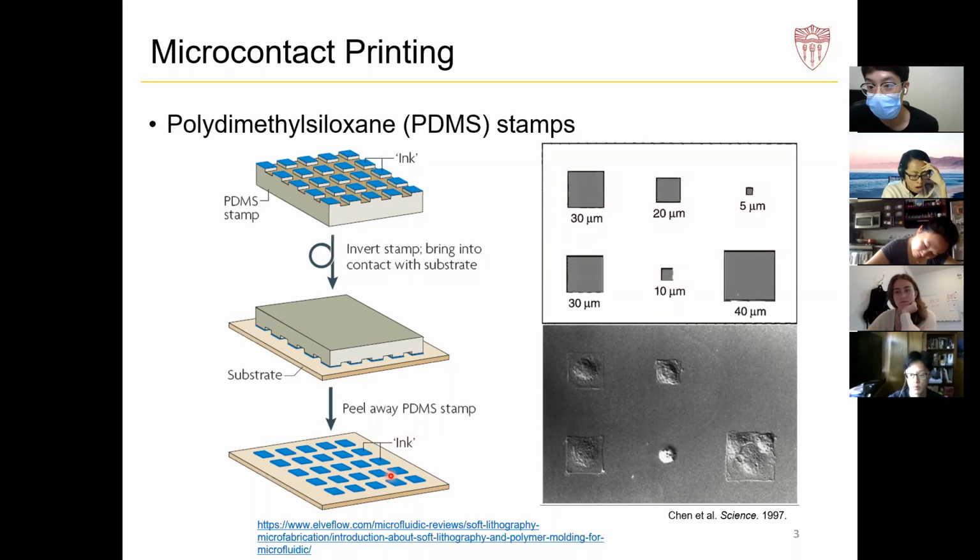And then if you throw cells onto it, the cells will adhere onto that pattern shape, as you can see here. This schematic shows what the size feature of the stamp was, and that feature is closely mimicked in how the cells actually adhere, right? And this is very unique because now we can control the geometric shape of the cells.